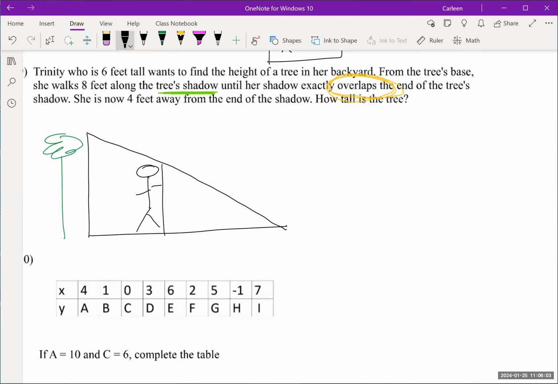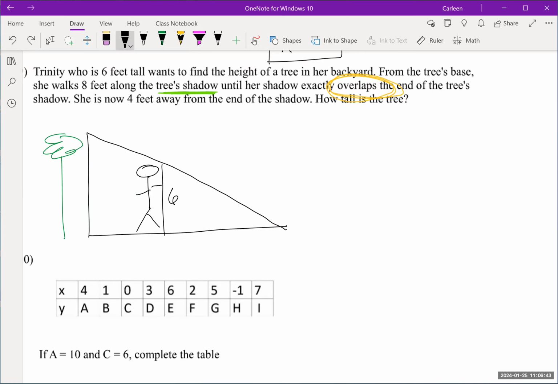Now, what number is going to go right here? Ignore the part that went below. What number is going to go right there? All right, that's 6, right? That's Trinity's height. And what number is going to go right there? All right, correct.